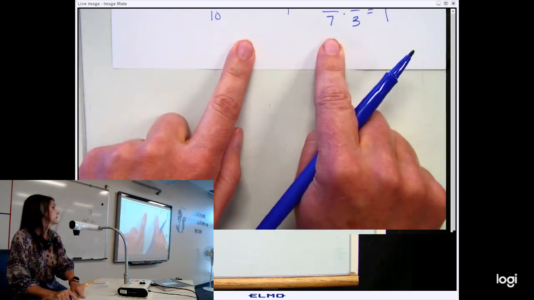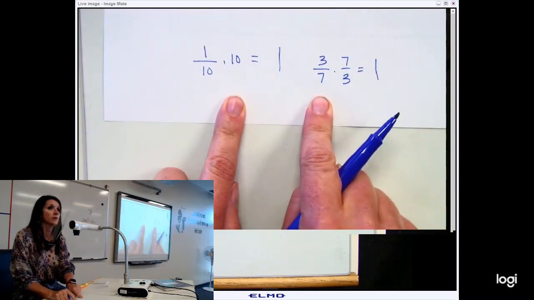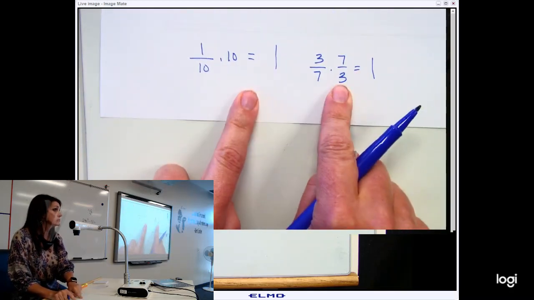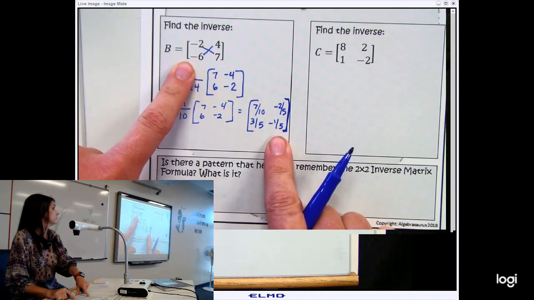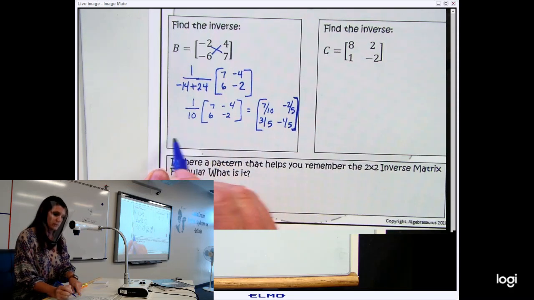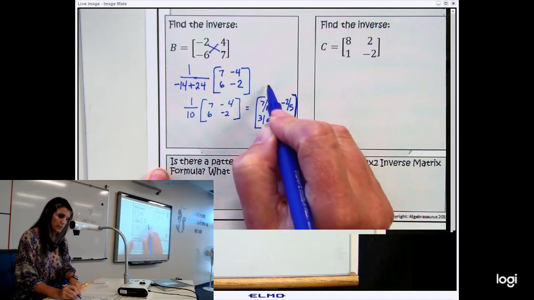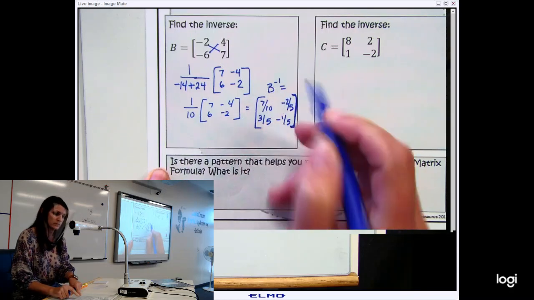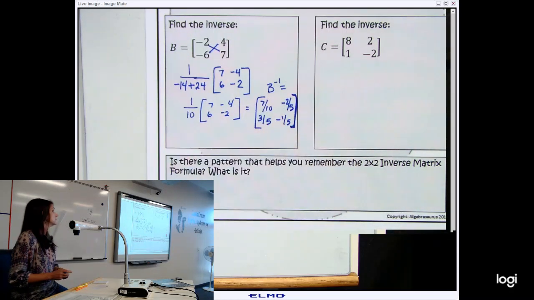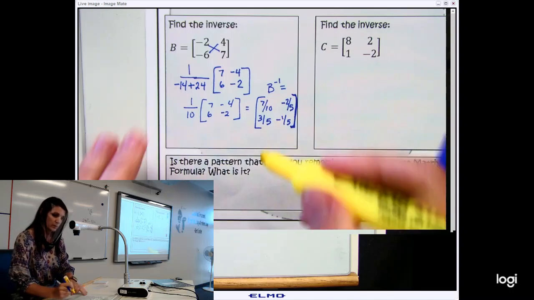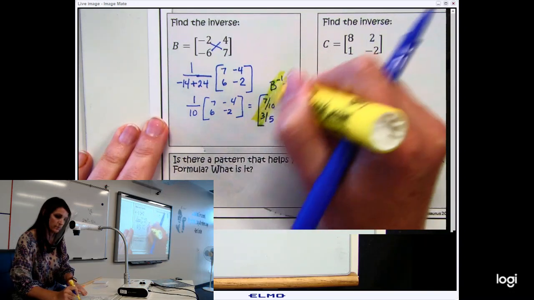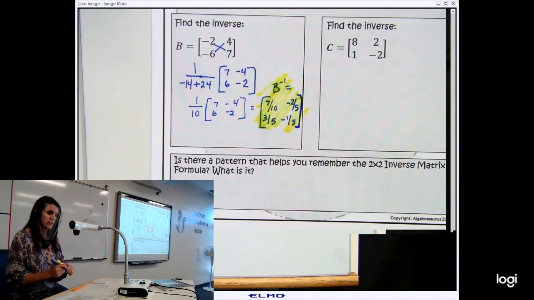When we multiply inverses, what do we get? 1. So if I were to multiply these 2 matrices together, and let's call this guy B to the negative 1, that means the inverse of B. There's the inverse of B.